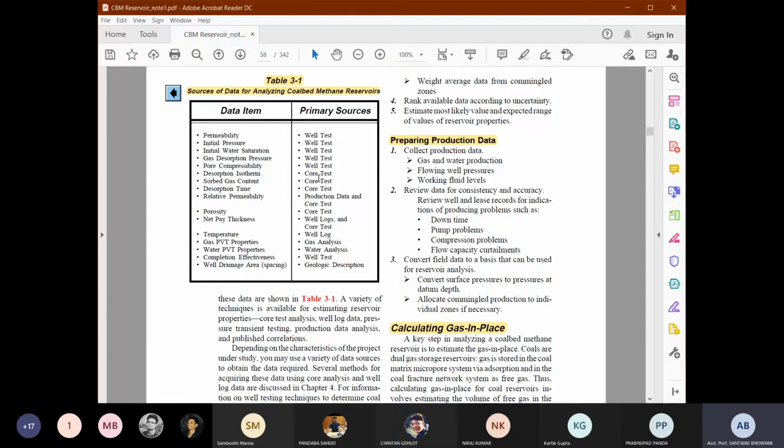What is net pay thickness? Depending on the coal seam, each coal seam has some thickness.